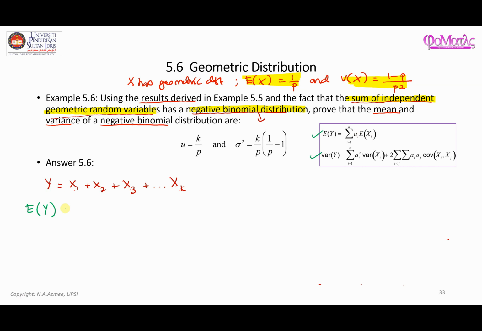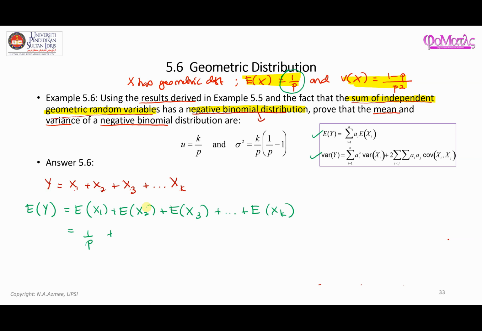So we end up finding the expected value of X1 plus the expected value of X2 plus the expected value of X3, and we keep on doing that until we arrive at the expected value of Xk. We are going to just apply the result here. We know that if X1 is a geometric random variable, then the expected value of it is going to be 1 over p.